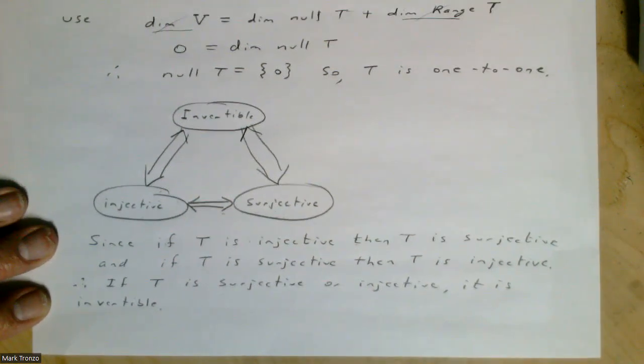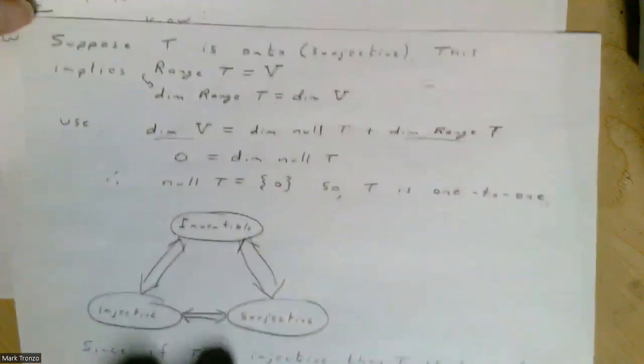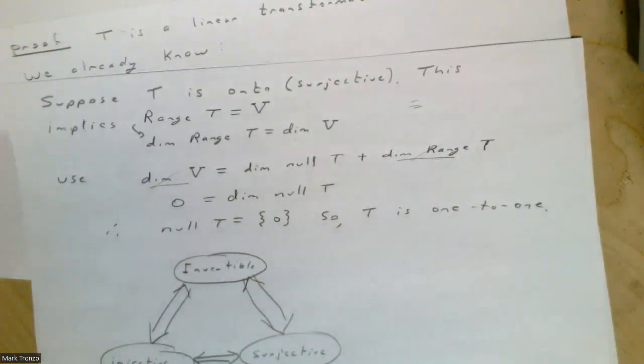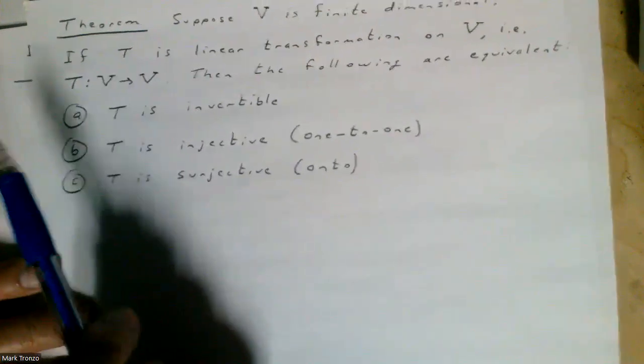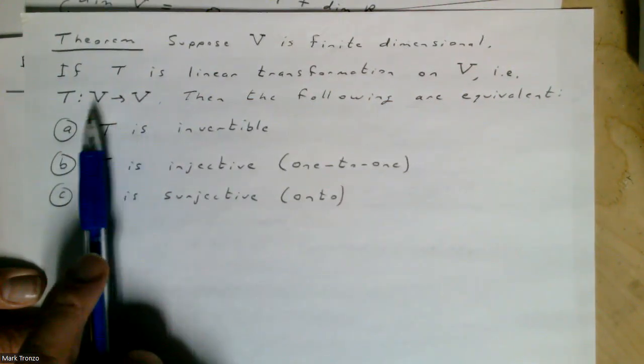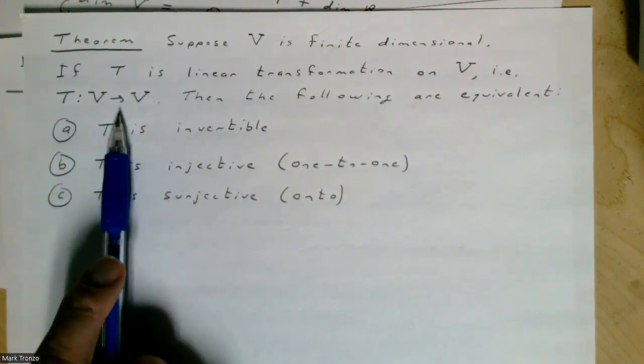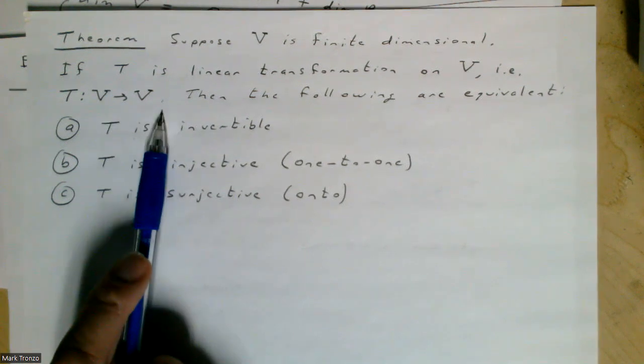Now, something very important here is this only applies if you have a linear transformation from V to itself. We don't have that if you go from V to another space.